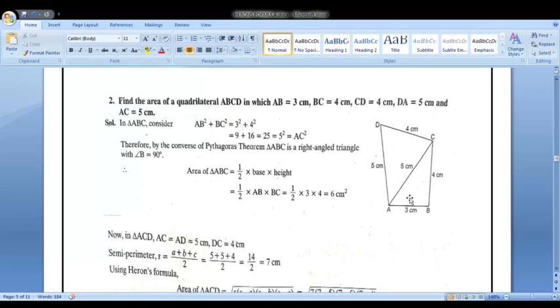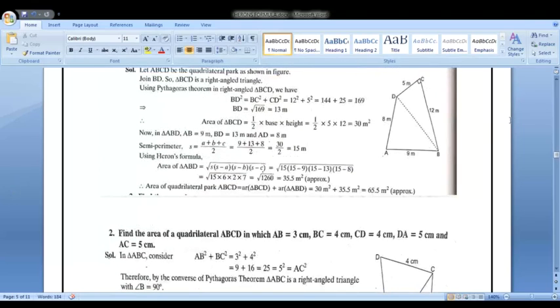If you don't want to proceed with this method, you can go with a simpler method, like directly applying Heron's formula on triangle ABC, S into S minus A. In that method also you will get 6, and in this method also you will get 6. So in the exam, how should you understand? In your previous problem, he had hidden our diagonal. He had not given the measurement.